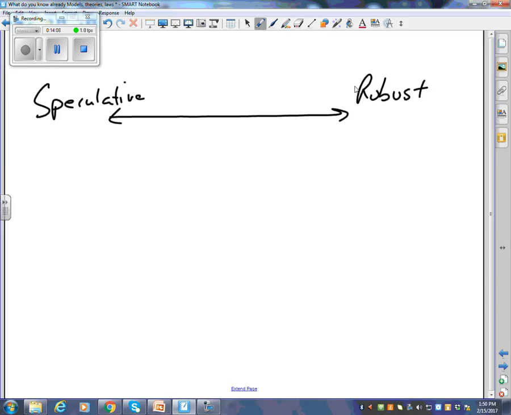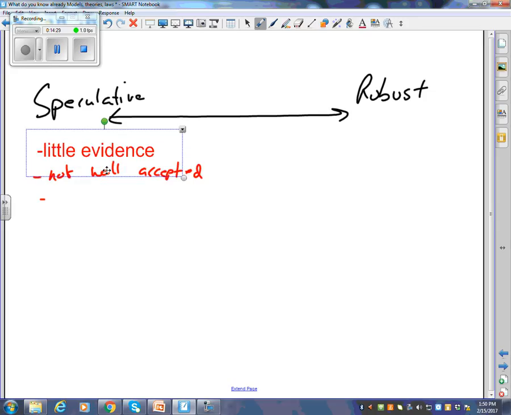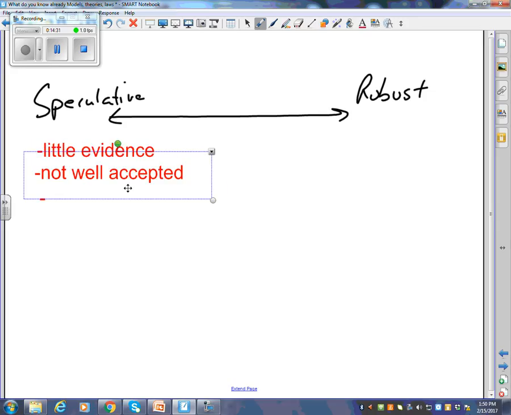And speculative theories are ones that have little evidence, not well accepted, maybe not very well known. Little evidence, not well accepted.